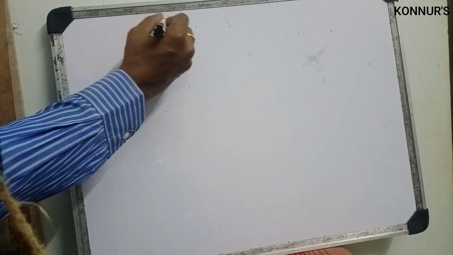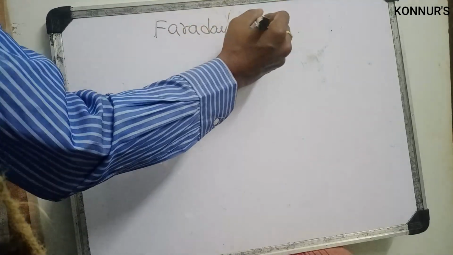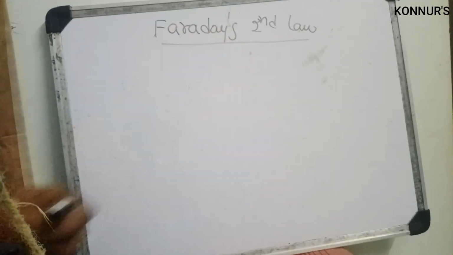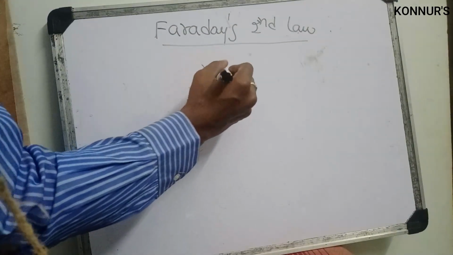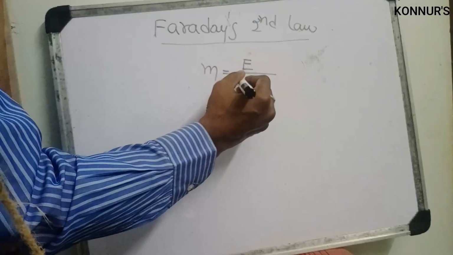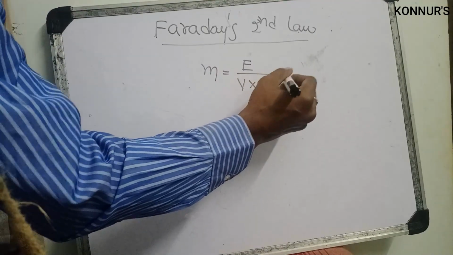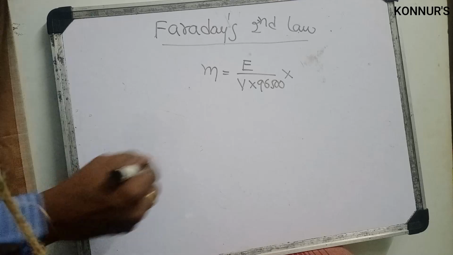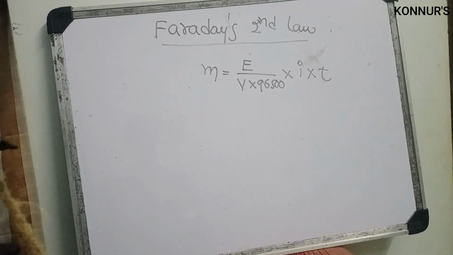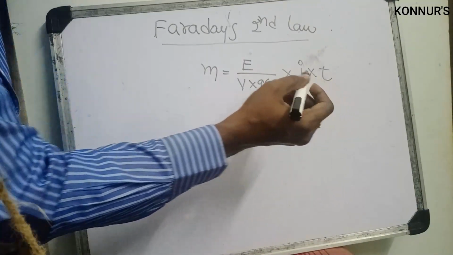So now we will discuss Faraday's second law. It is similar to the first law only. So what is Faraday's first law? M equal to equivalent molecular weight into I into T by 96500. See, I into T is nothing but a coulomb. Current is constant.